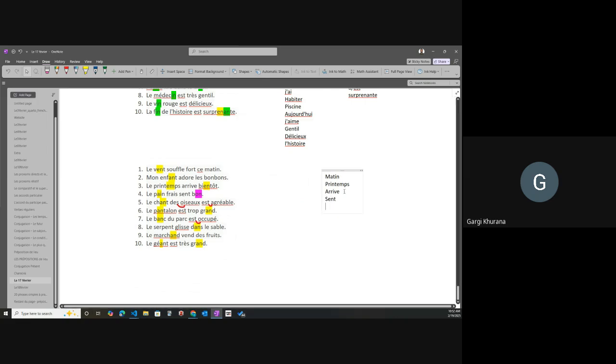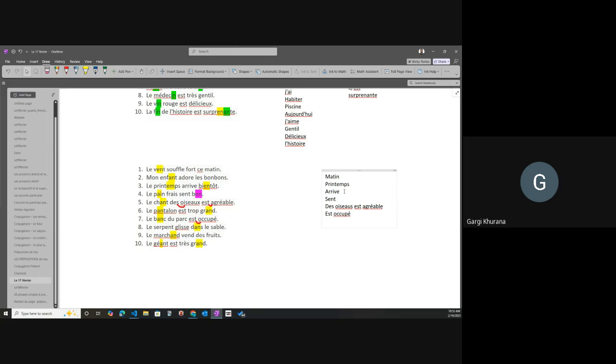Le chant des oiseaux est agréable. Le pantalon est trop grand. Le banc du parc est occupé. Le serpent glisse dans le sable. Le marchand vend des fruits. Le géant est très grand.